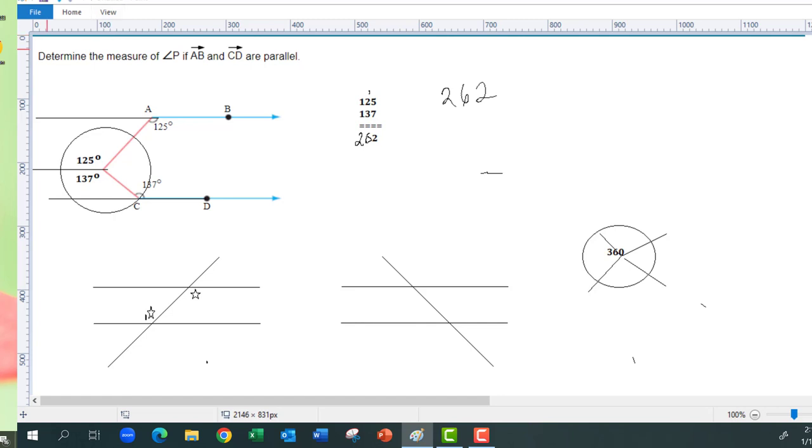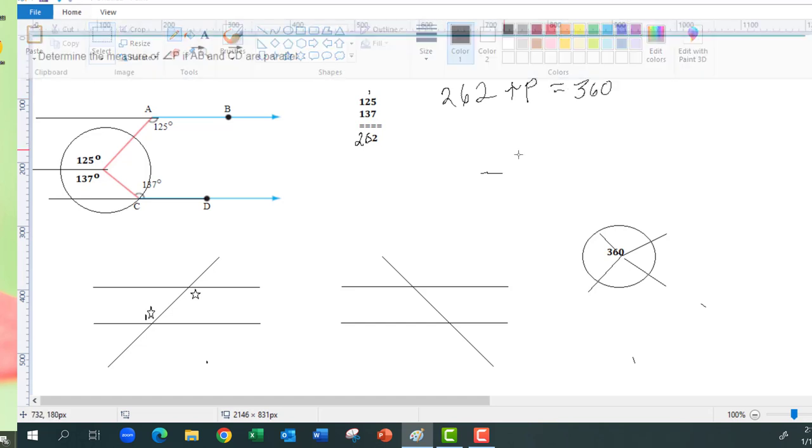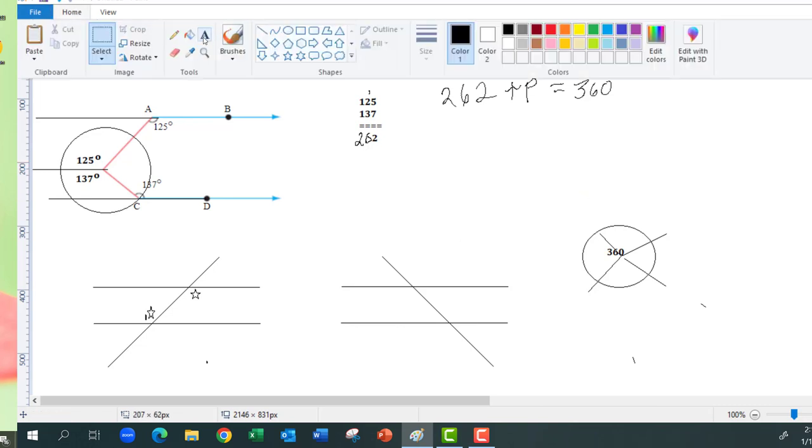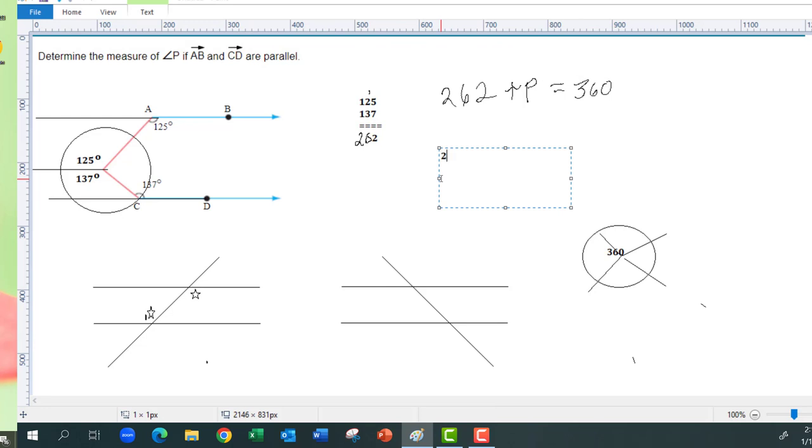Okay, so that's the measure of these two angles that are here, and these two together with angle P, so 262 plus angle P has to be 360. So we have 262 plus P equals 360.